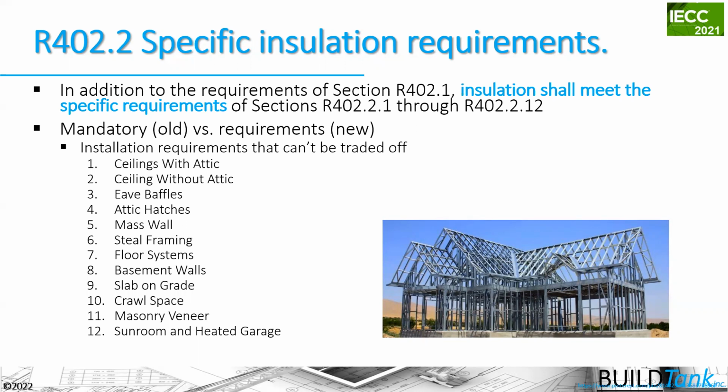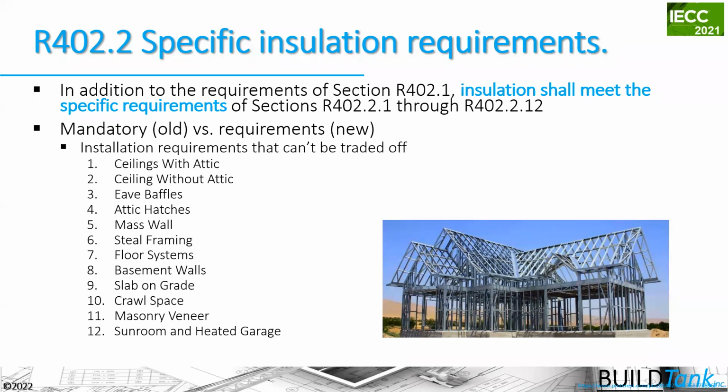So if you're building with steel framing, or you're doing a floor system or a basement or a sunroom, you need to look at these sections of the code, again, regardless of the compliance option that you're using, and see what the requirement is. And sometimes the requirement mixes up R values and installation requirements.